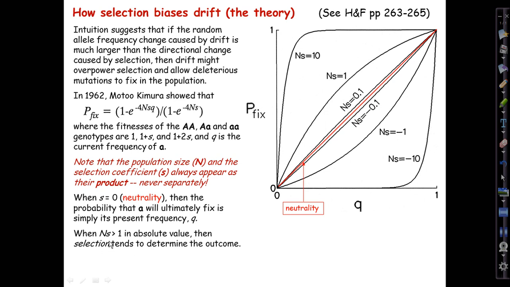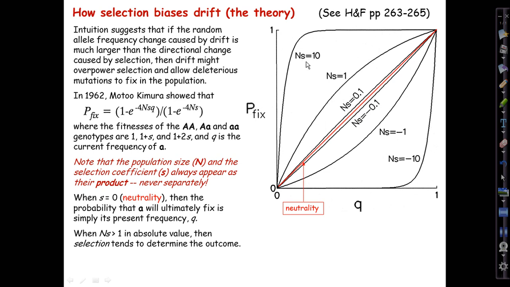Now, when the product N times S is greater than 1 in absolute value, leaving aside whether it's negative or positive, selection tends to determine the outcome. That's what Kimura's result says. So let's look at these lines I've drawn, for N times S of plus 10 or minus 10.